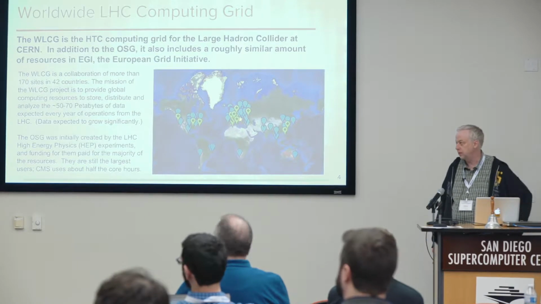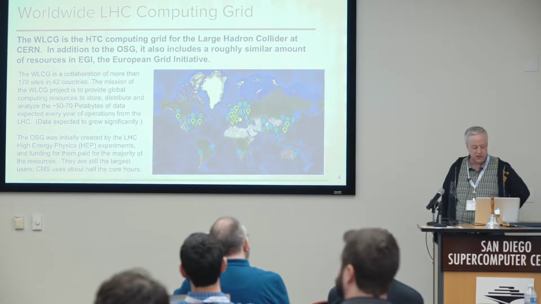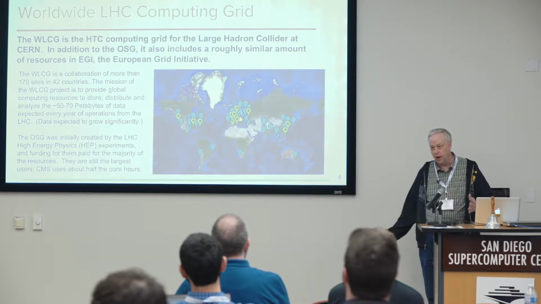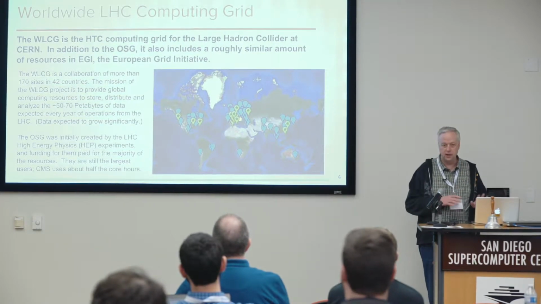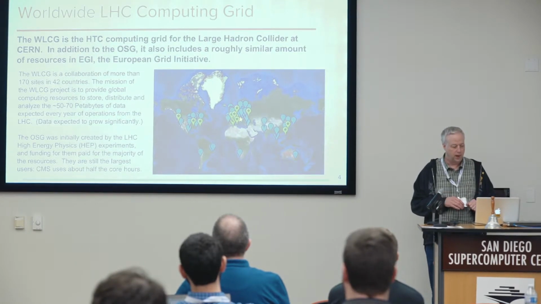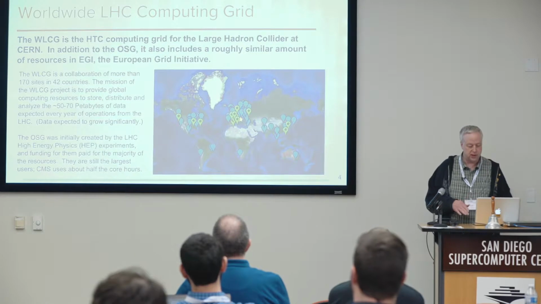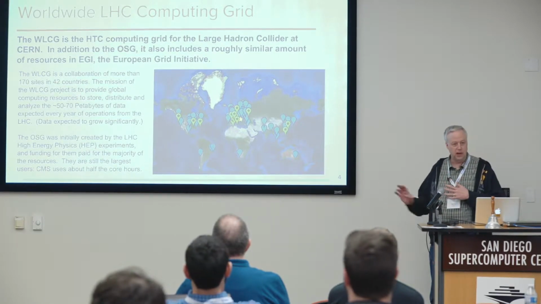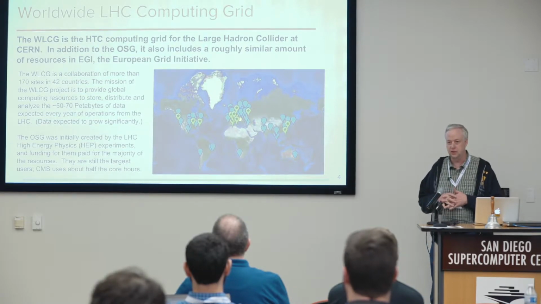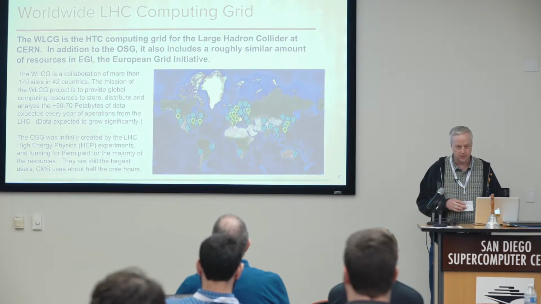I'll also talk about the WLCG, the Worldwide LHC Computing Grid. This is our HTC for worldwide. It's really focused on the LHC, the Large Hadron Collider projects. In addition to the OSG, I don't have the numbers for that, but I think it's roughly a similar amount of resources in the rest of the world as the OSG.